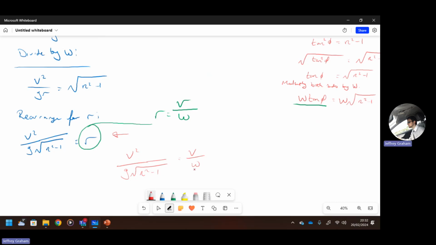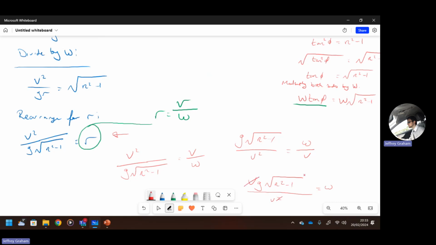We rearrange this for the angular velocity. So the first thing to do is flip the equation over. What we do to the left, we have to do to the right. And multiply up by the linear velocity. You see the angular velocity, and hopefully you can see there's a velocity on top, velocity on the bottom.